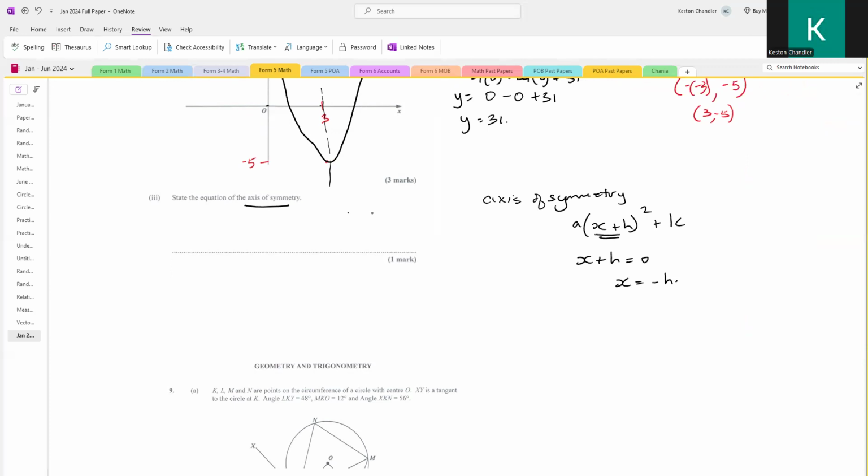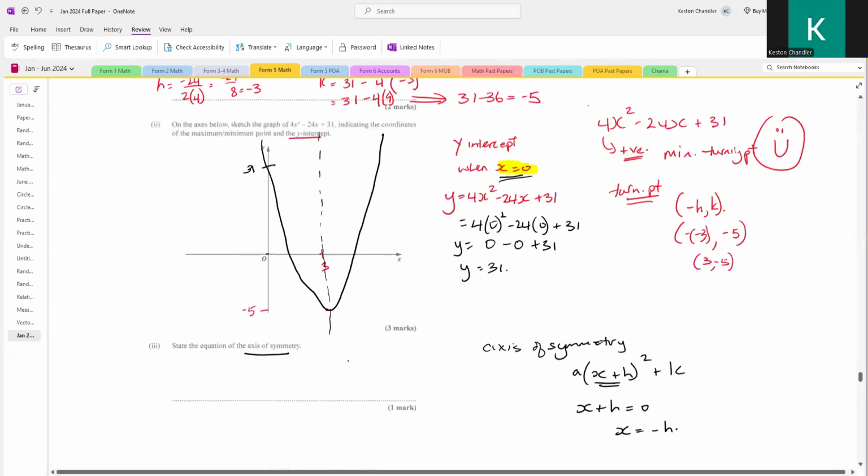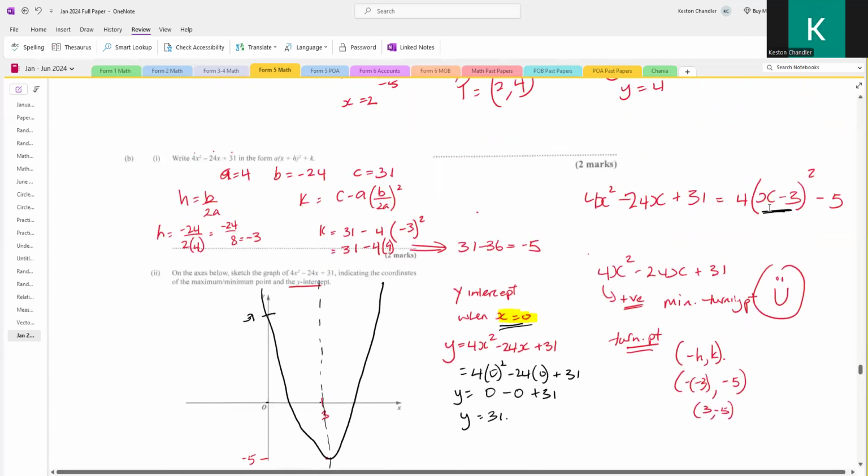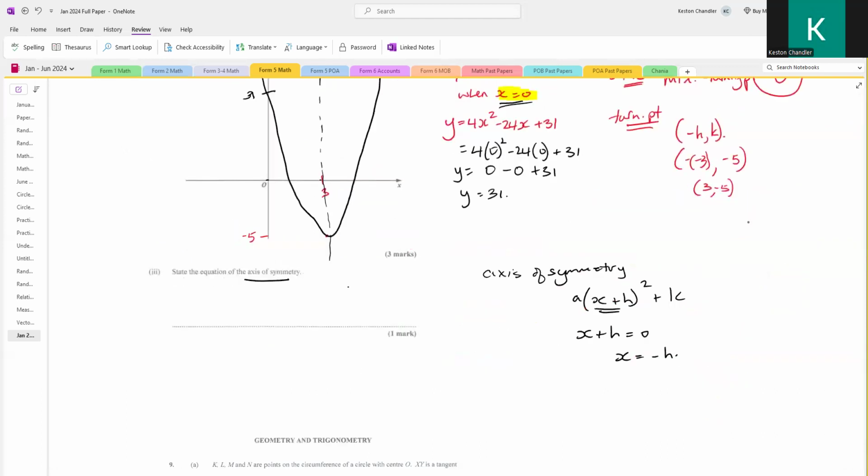So in our particular case, we have x minus 3 as our x plus h. Put that equal to 0. Carry the 3 across and we're going to get positive 3. This is the equation of the axis of symmetry. It's a straight line cutting the curve into 2 equal parts. Everybody okay with that? Raise your hand if you're not okay with it.